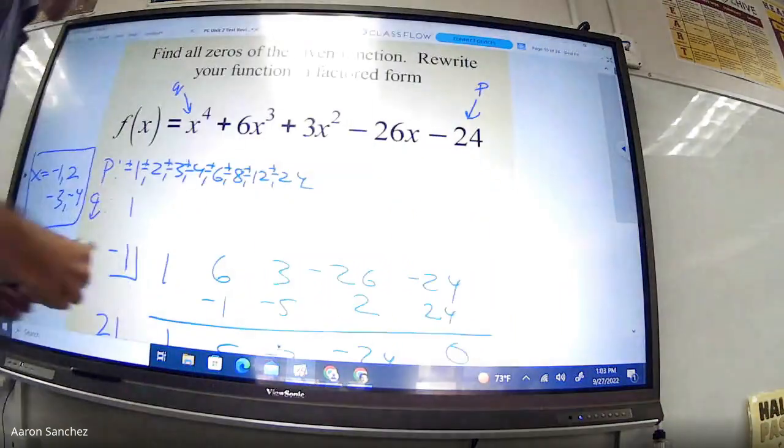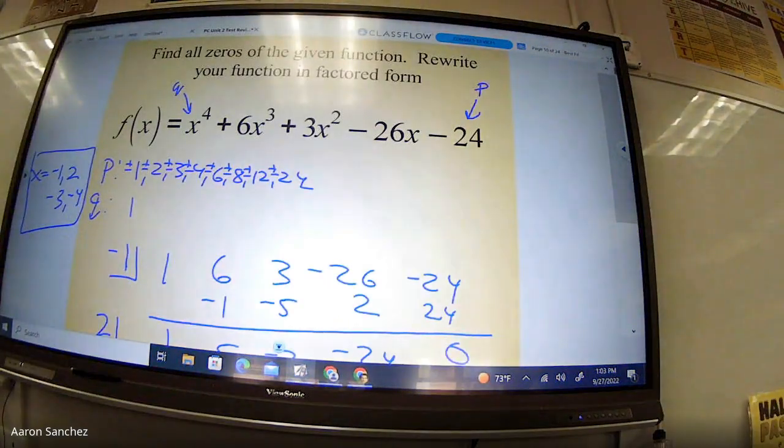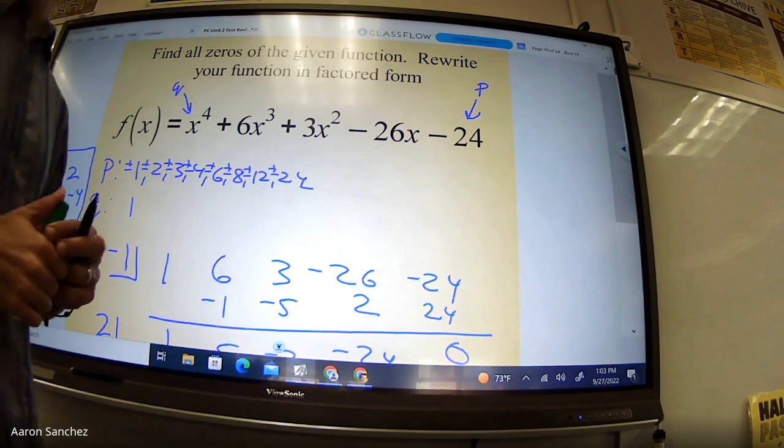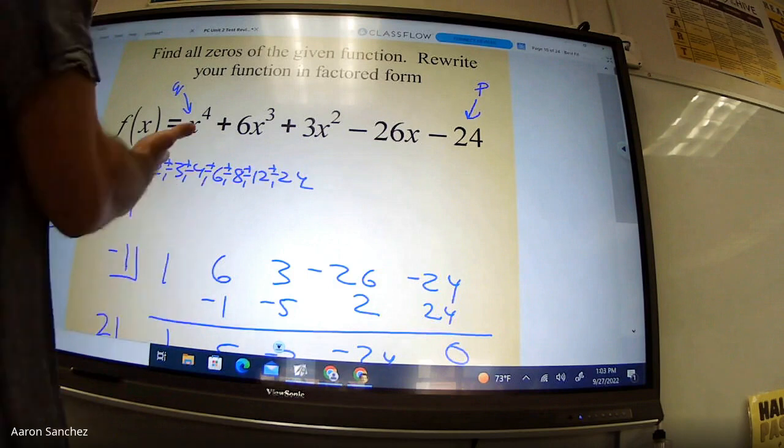I know I'm in the way. I'm writing it over here, as if I was writing in factored form: x plus 1 times x minus 2 times x plus 3 times x plus 4. This is the factored form. Why am I writing it like that? Do I need to? No, because the question says what are the zeros.